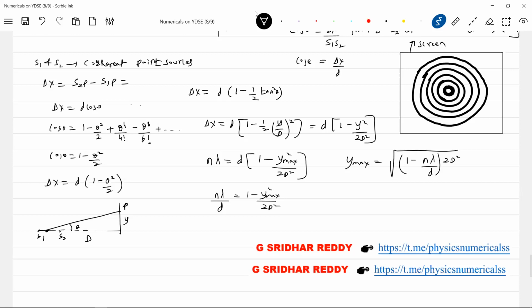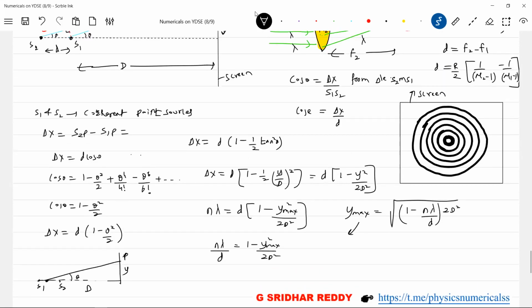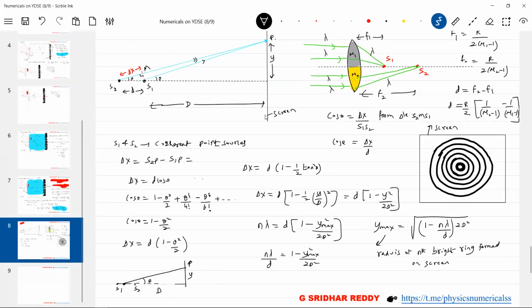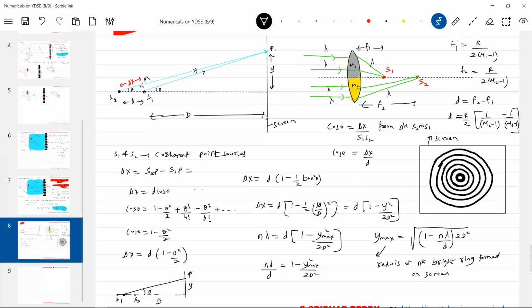What should I call this y max? The radius of the nth bright ring formed on the screen. Okay, so the description is complete. Everything, the diagram, everything is available.